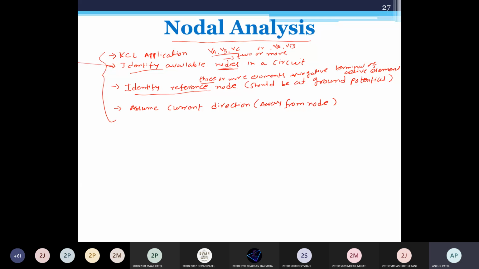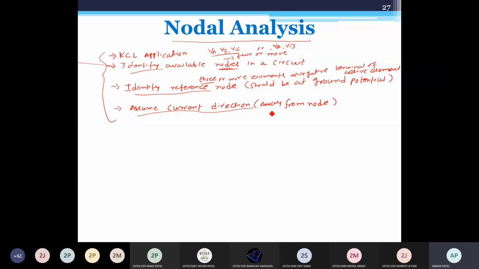Reference node is generally the negative terminal of an active element, which is at ground potential. So with respect to the reference node, you can apply KCL. Initially, to find the node voltage, take the current direction away from the node.